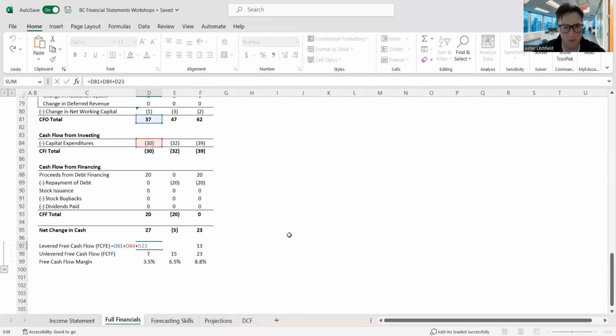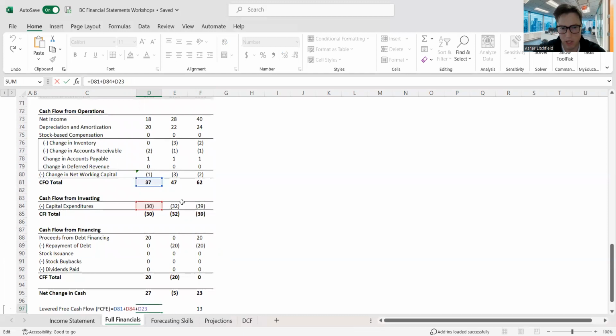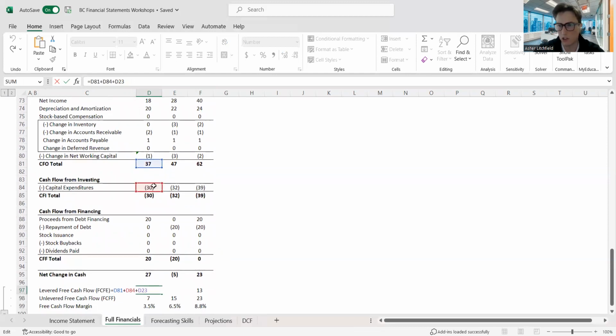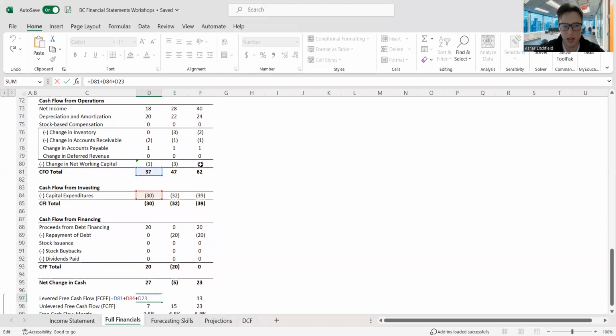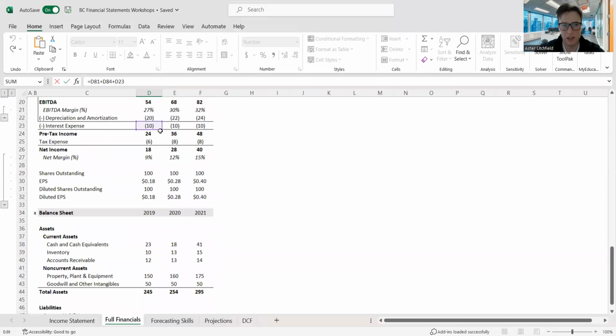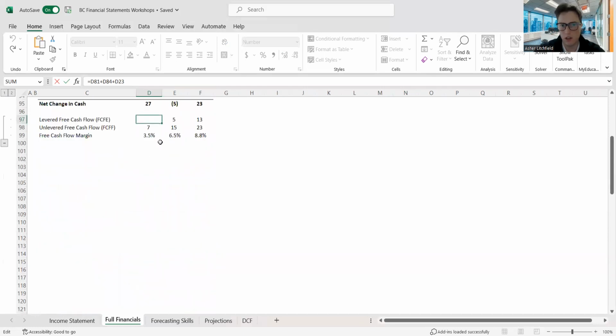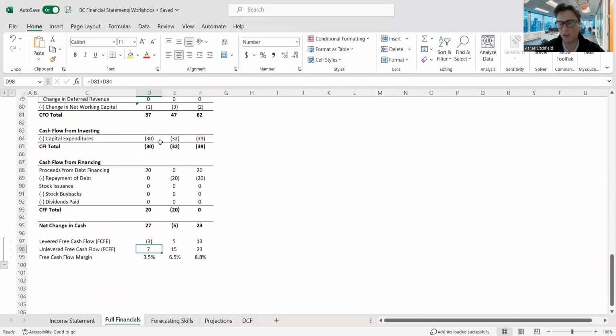The formula here is you're taking cash flow from operations, subtracting capital expenditures, so investments for future business, and because this is levered free cash flow, you're also subtracting interest expense. So this is the free cash flow after the debt holders have been paid their interest. This is the cash flow that's left over for equity holders, people who own stock in this company.